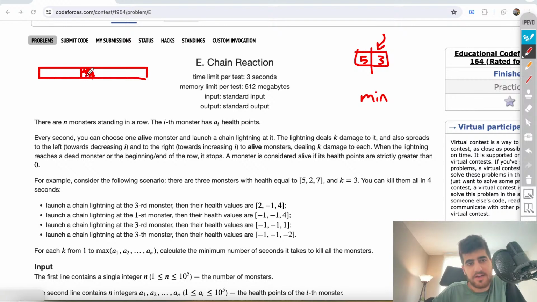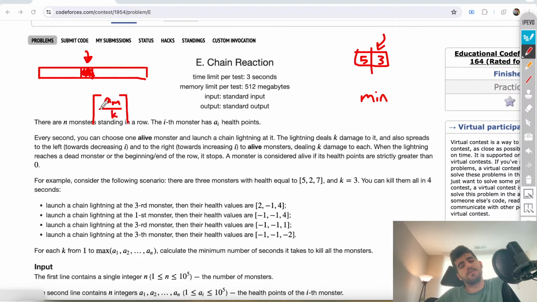If you consider the minimum, this is the first one that dies, and you can see that when you have some k, your minimum, for example, is a of m, divided by k. These many times this should be chosen.